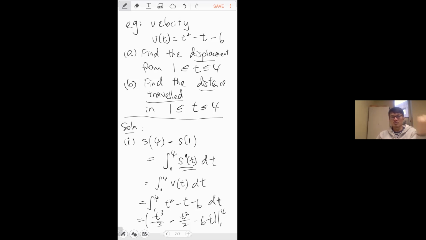How do I know when it is moving forward and backward? Which function do you look at? Velocity, to see if it's positive or negative. Yep. So you look for the points where the velocity is positive and negative.